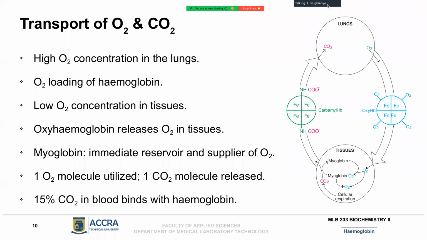That will happen in severe conditions of fever. But temperature directly does not affect the binding affinity of oxygen. Temperature is not one of those allosteric factors of oxygen binding to hemoglobin. Is that clear?